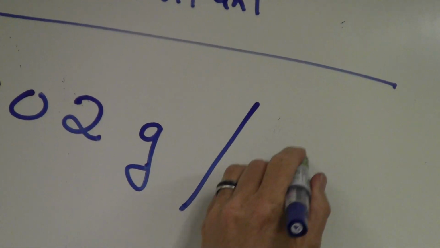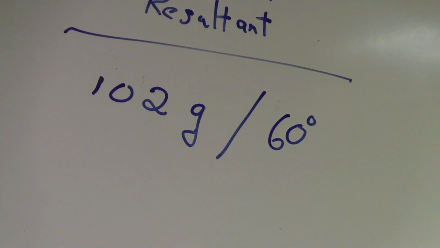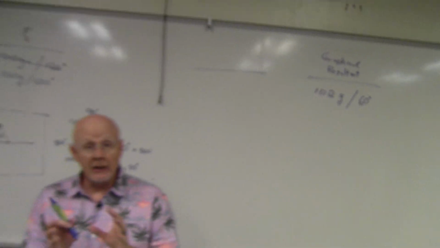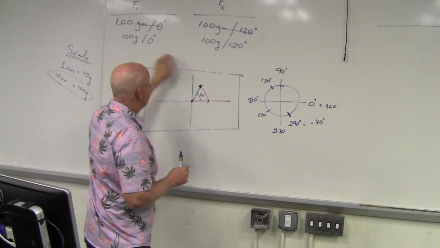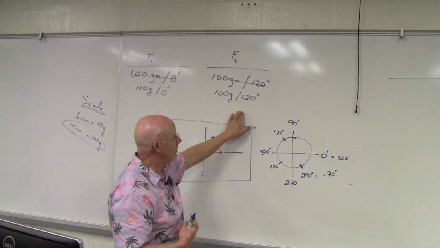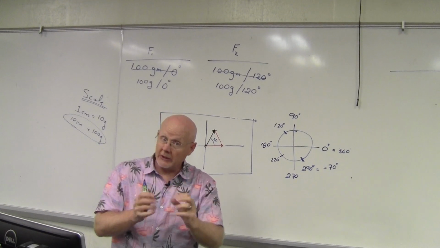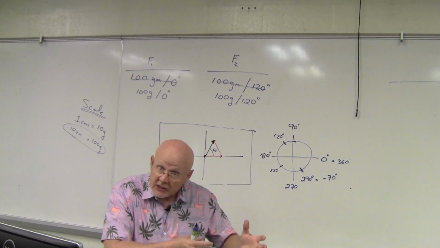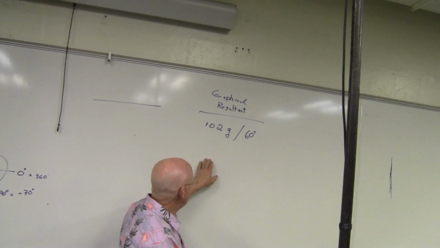Okay, so I'm going to write 60 degrees on my piece of paper. What this drawing is predicting is that if you took those two forces, force 1 and force 2, both of a magnitude of 100, one at 0 degrees, one at 120 degrees, and you put them together, the total result, what we called the net force in the lecture, because that's what we need to get the acceleration, would have a magnitude of 100 and an angle of 60 degrees.